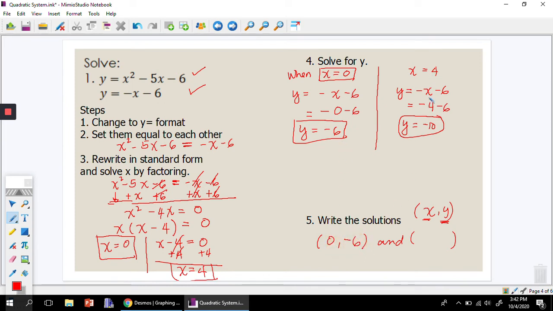And if your x is 4, your y is negative 10. Okay, so these are the solutions. Now to check that, you just simply plug in your values for x and y, and it should make the given equations true.